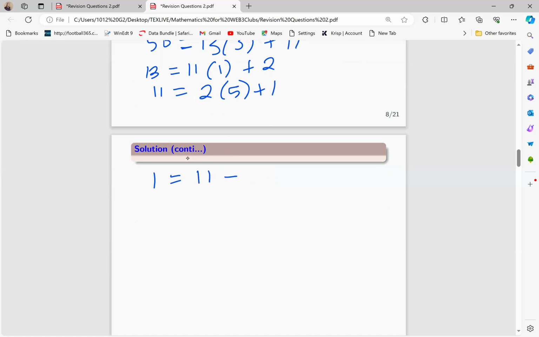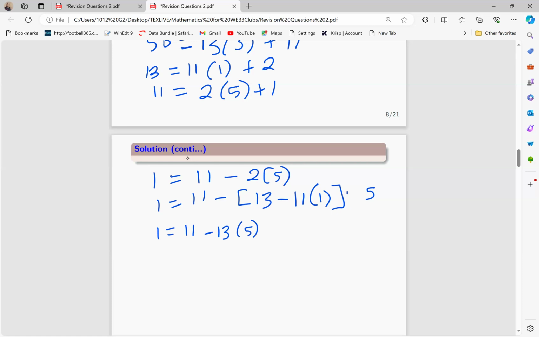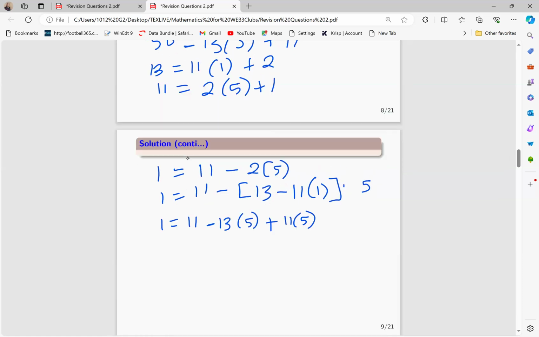That's 11 minus 2 times 5. 13 minus 11 times 1, times 5. Eleven times 6 minus 13 times 5.